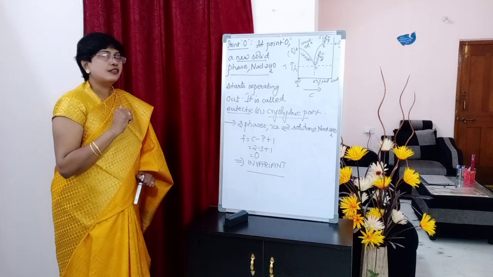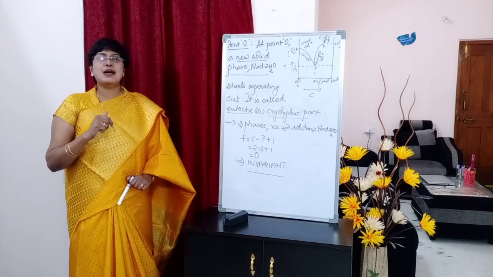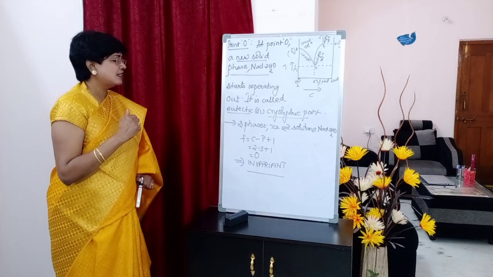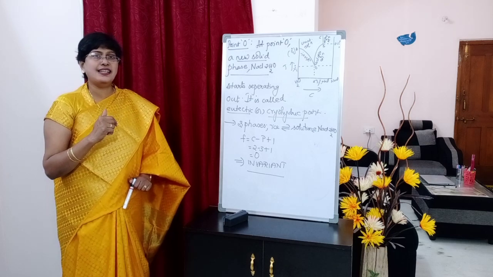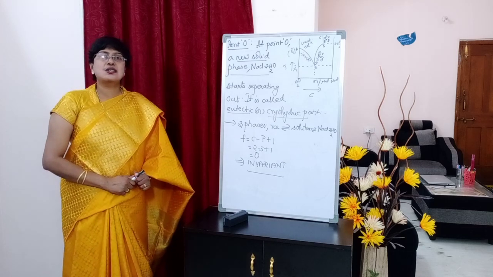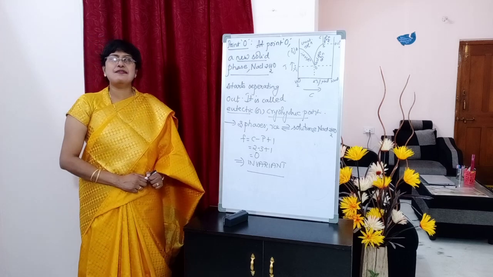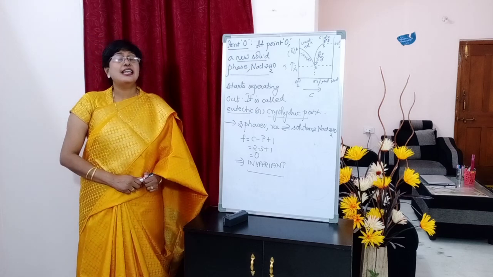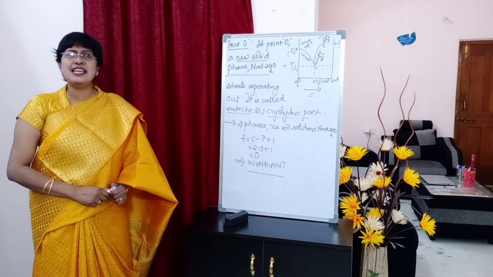Now, from reduced phase rule expression, F = C - P + 1, it is equal to 2 components, 2 - 3 + 1, so it comes equal to 0. What does it mean, students? F = 0 means it is invariant or non-variant.